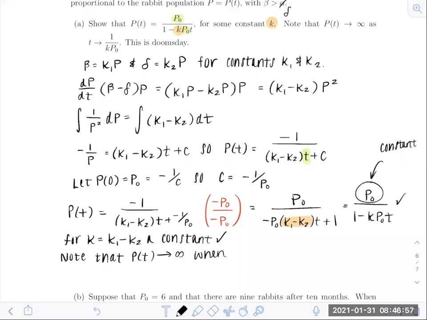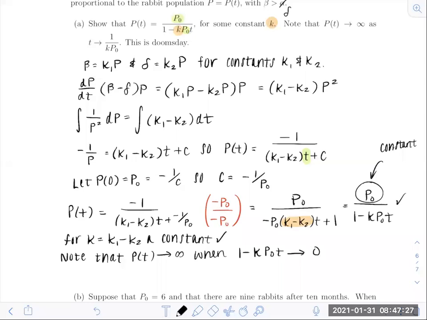How can you take an expression that is a constant on top and something else on bottom and make it tend to infinity? The numerator cannot go to infinity because the numerator is a constant. But if the denominator tends to 0, division by a really small number ends up making the overall fraction blow up. So we approach doomsday as the denominator 1 minus K P naught T approaches 0.